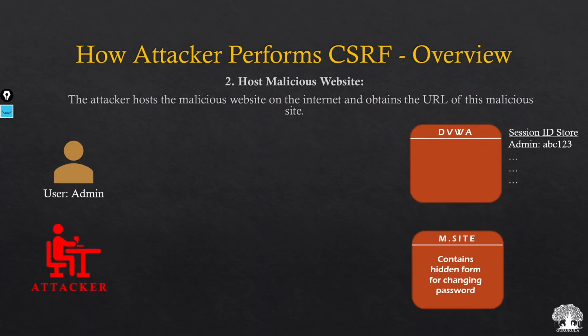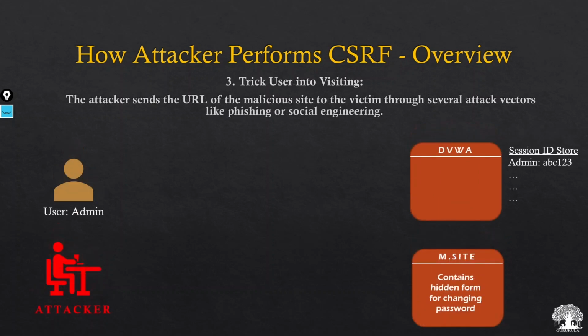Once that is done, the attacker hosts that website on the internet and obtains the URL for this malicious site. In our case, let us take for example malicious site/csrfattack.html.